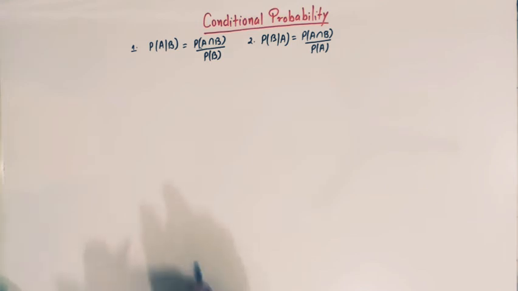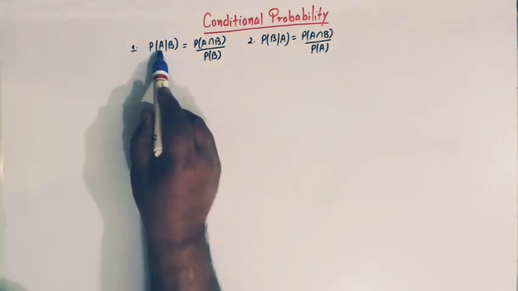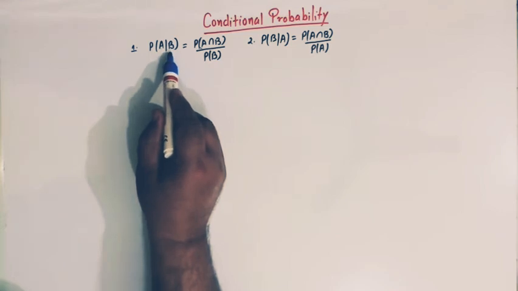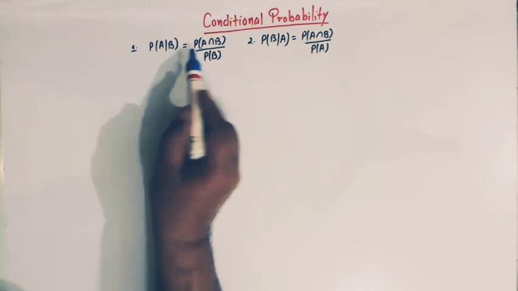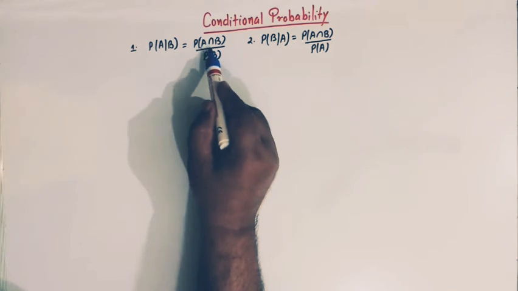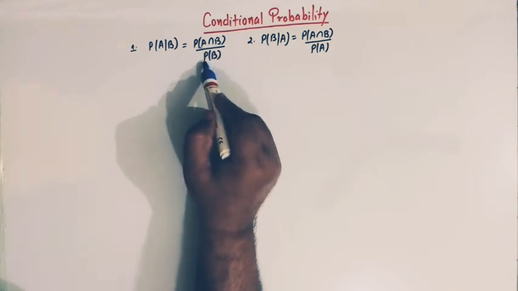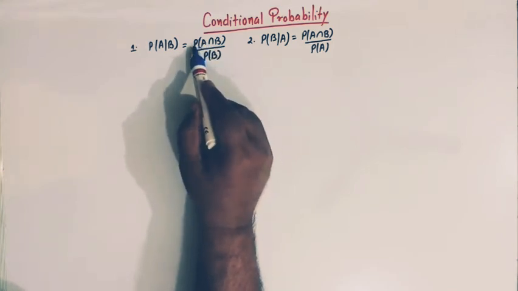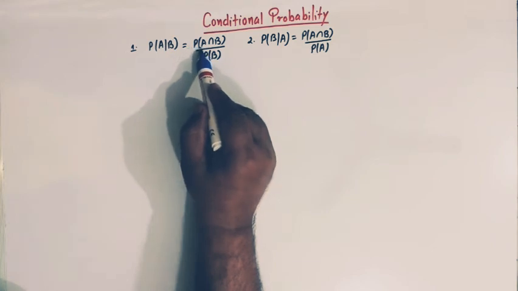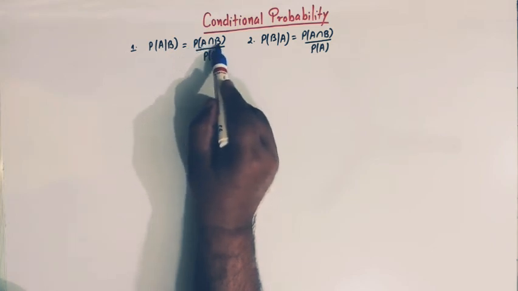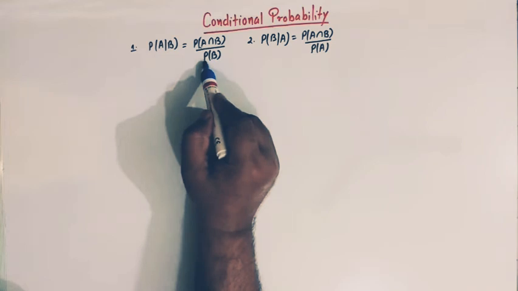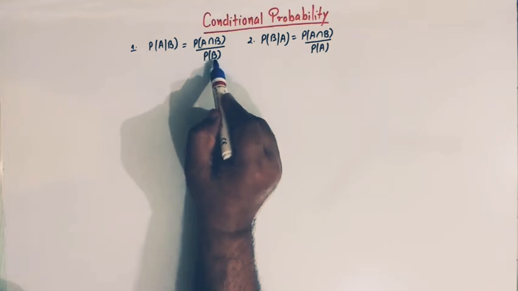So the first one is the conditional probability of A when B has already happened, which is given by P of A intersection B divided by P of B, right? So here we have the probability of A and B divided by probability of B, right?